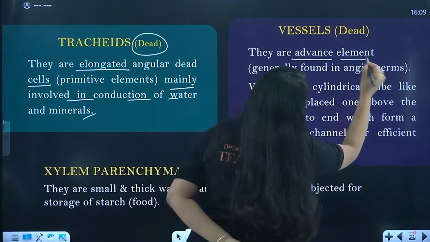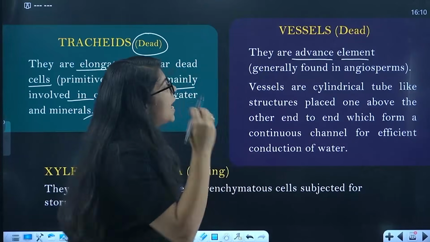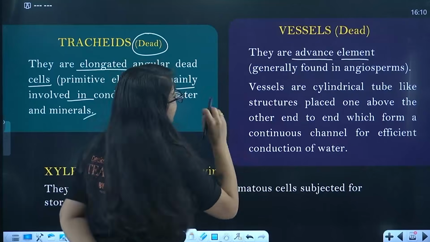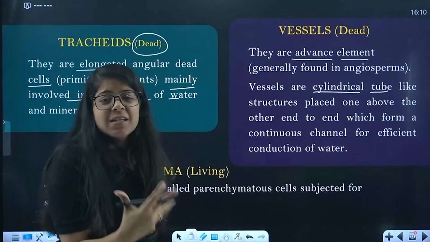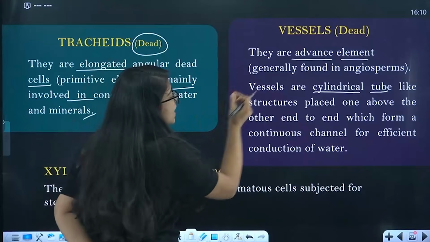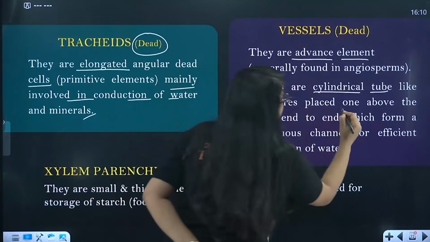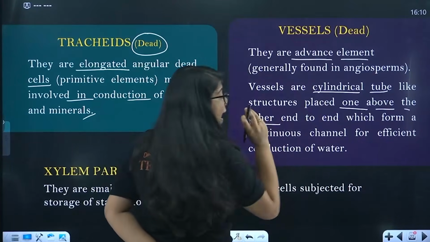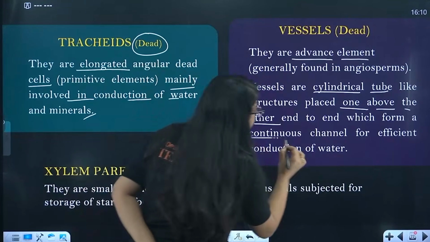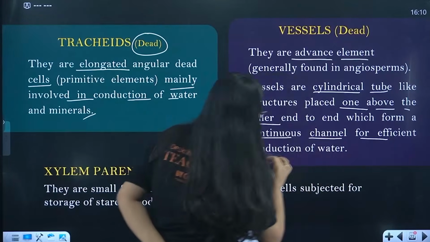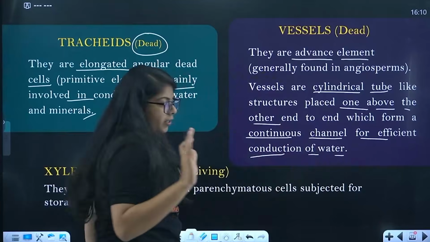They are a little bit advanced elements, generally found in angiosperms. These are cylindrical tube-like structures placed one above the other, end to end, which forms a continuous channel for efficient conduction of water.